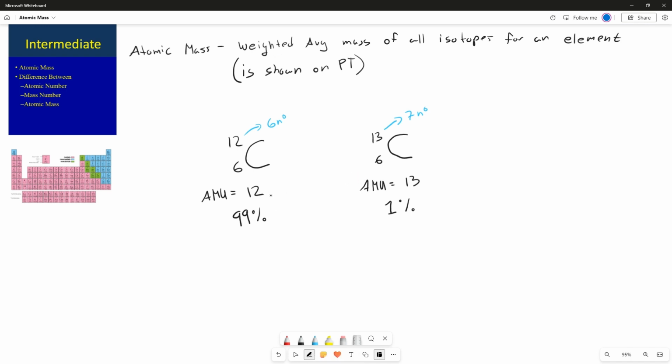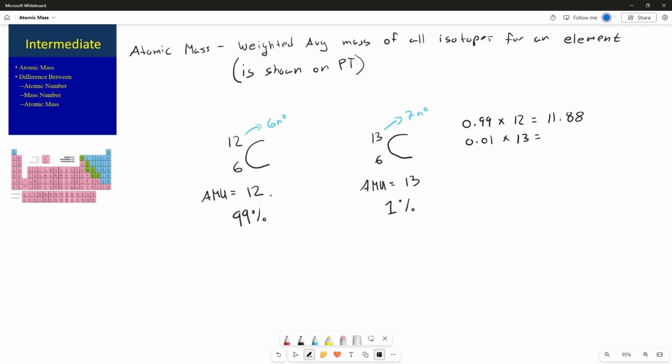So to calculate the weighted average mass of the isotopes for carbon, you just take the percentages and convert them into decimals. So we have 0.99, and then you multiply that by its mass, 12. And 0.99 times 12 comes out to 11.88. And then there's 1%, so that would be 0.01, and that 1% of carbon weighs 13.